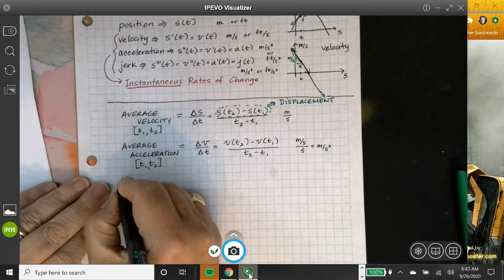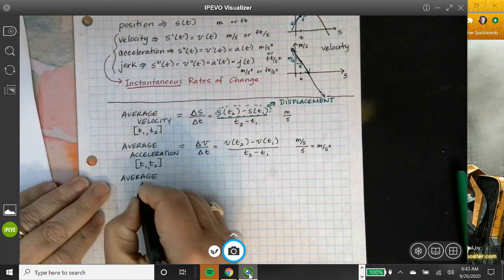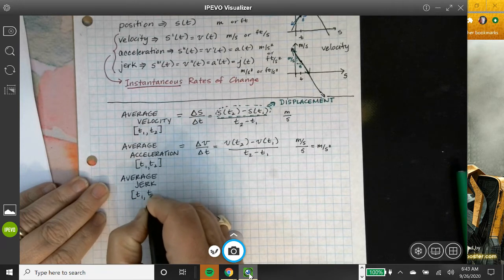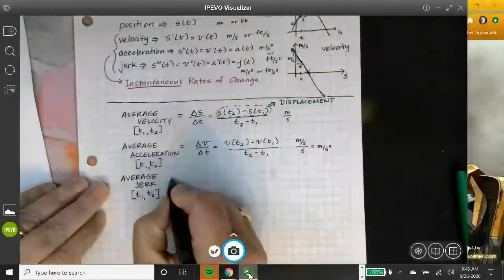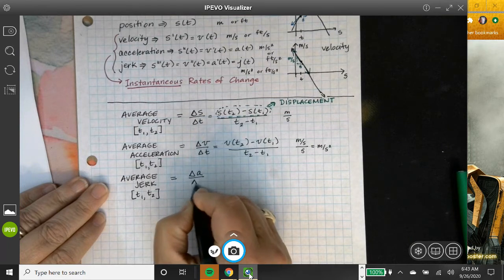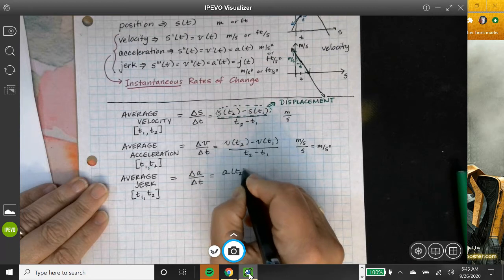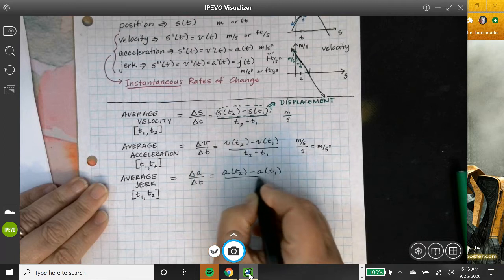Then we can have average jerk. And that again is over 2 points in time. And that's going to be, you guessed it, the change in acceleration over the change in time, which is going to equal the acceleration evaluated at time 2 minus the acceleration evaluated at time 1, all over time 2 minus time 1.